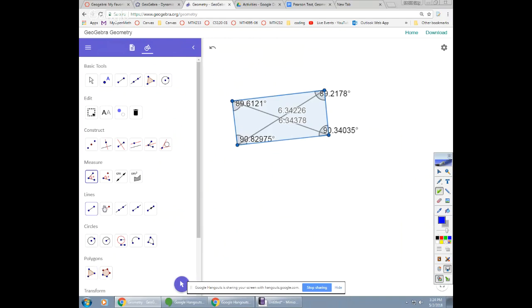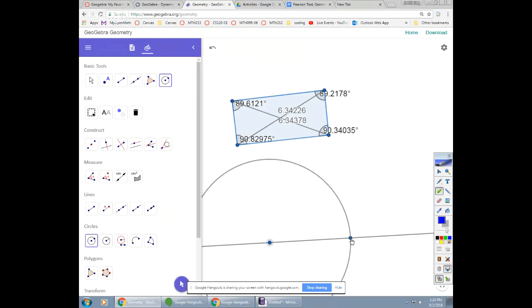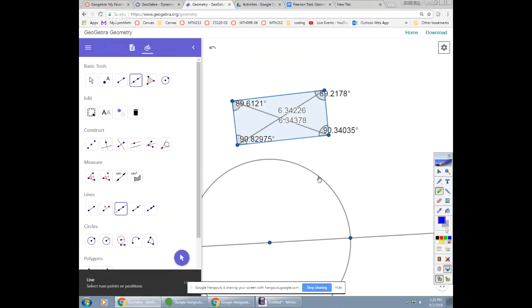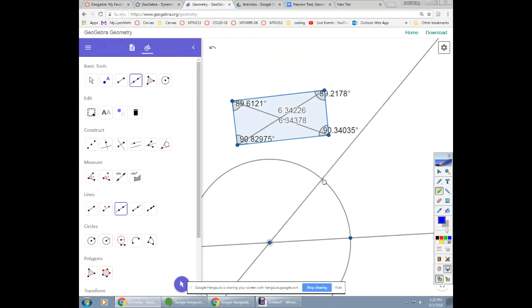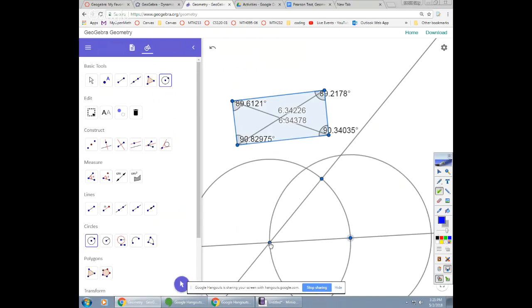So if I start with a line, and then from that line, I make a circle, and then I pick some other line, like this one right here. Then what? I need another circle with the same radius.